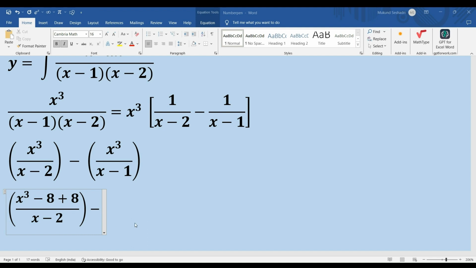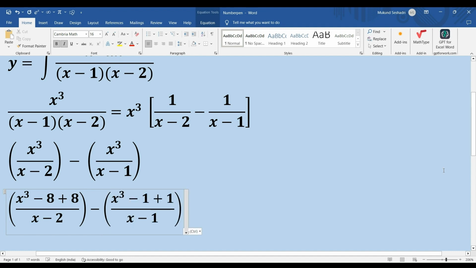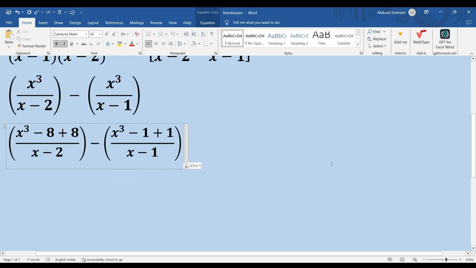In expression 1, what I'm doing is adding and subtracting an 8. And in expression 2, I'm adding and subtracting a 1, right? And why am I doing it? Because my expression in the denominator with respect to expression 1 is x minus 2, right? I know that my 8 is nothing but 2 cube. And in the second expression, I have an x minus 1. I add and subtract a 1 because I know that 1 cube equals 1, right?